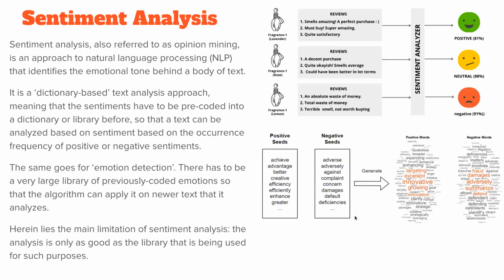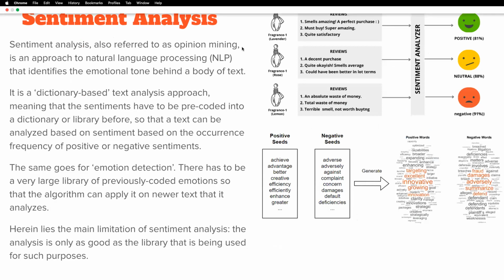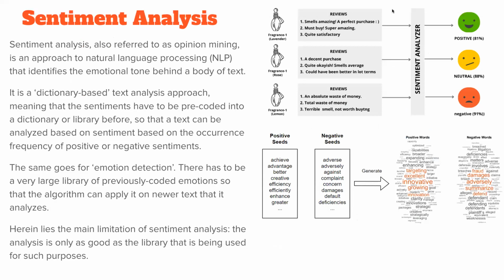Sentiment analysis is, on the other hand, a very different type of text analysis. Now, sentiment analysis gives you the calculation of whether a text is positive, negative, hopeful, hopeless, angry, happy. So in order to do this sentiment analysis, you need a dictionary, or you need a previously coded corpus in order to be able to understand. So let's say in one example, the review says, smells amazing, a perfect purchase, must buy, super amazing.